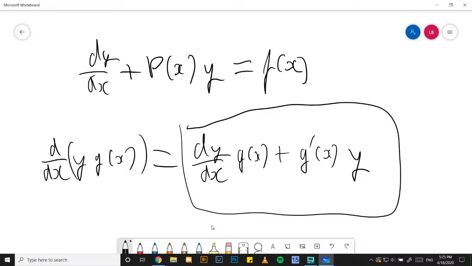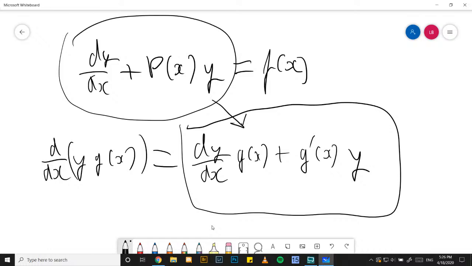And what the integrating factor technique is really trying to do is get this form into this form, and then what that lets you do is go from here back to here. So what you do is you try and find some function, and you multiply this entire thing by that function, and what that does is it allows you to have some dy/dx times some function plus that function's derivative times y.